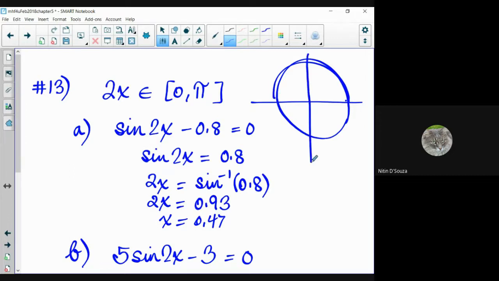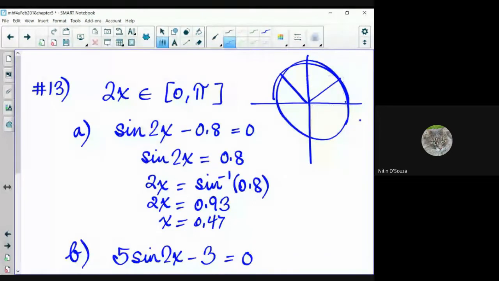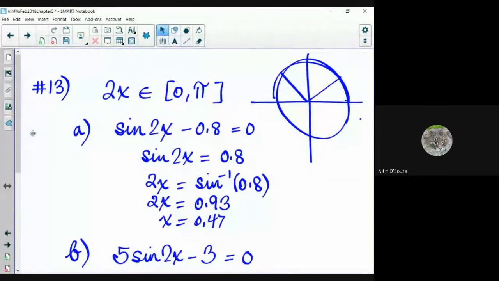So you just got the first quadrant. 0.47. Is there any other quadrant in which sine is positive? Would you agree that it's in this quadrant? But that's out of our domain. Okay, so the only answer for us would be that one.